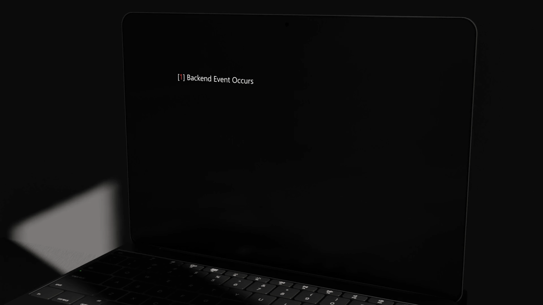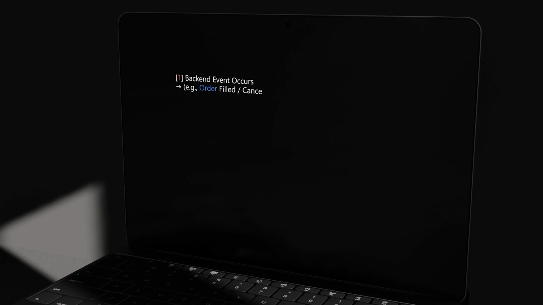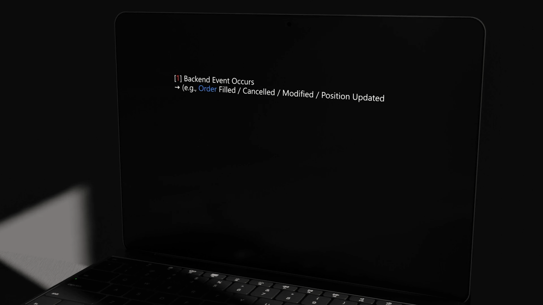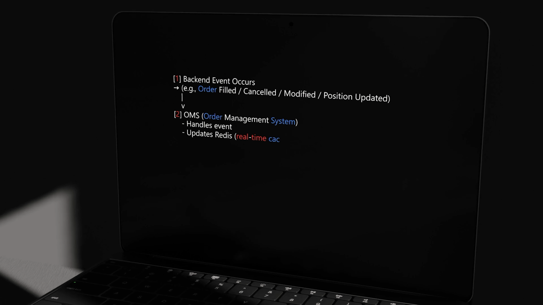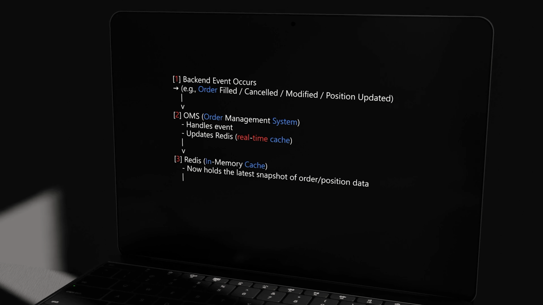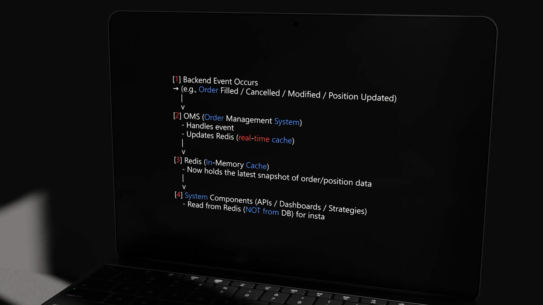This Redis, which is dedicated to our OMS, is always updated whenever a backend event happens. This event could be a trade got filled, an order was cancelled, an order was modified, or a position was updated. All these events lead to updating the Redis cache so that any API, any component, or any user or dashboard which relies on this data remains always up to date.